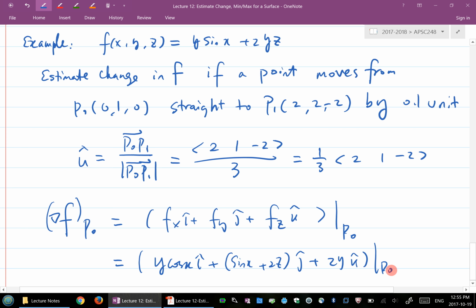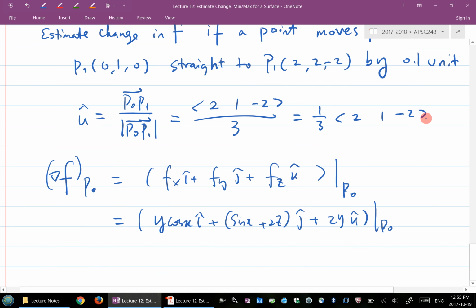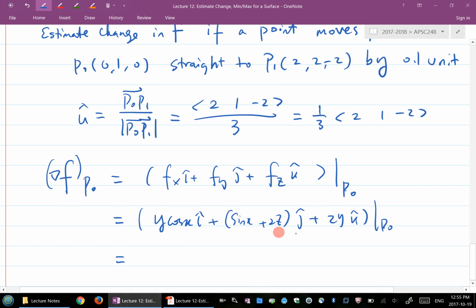Good. Now P0 is (0, 1, 0), so x is 0, y is 1, and z is 0. Plugging into the gradient vector del f: y is 1 and this is cosine x, so cosine 0 is 1, so the first term is 1.